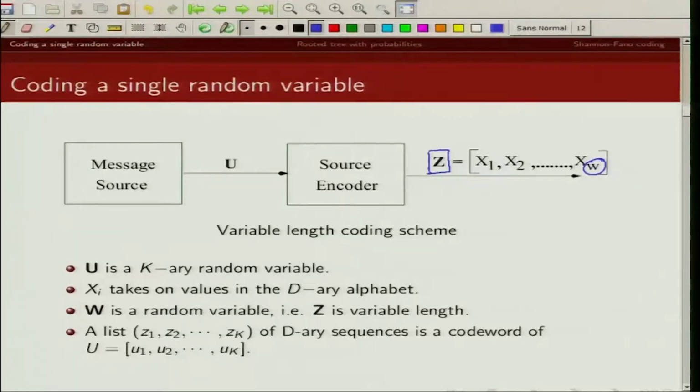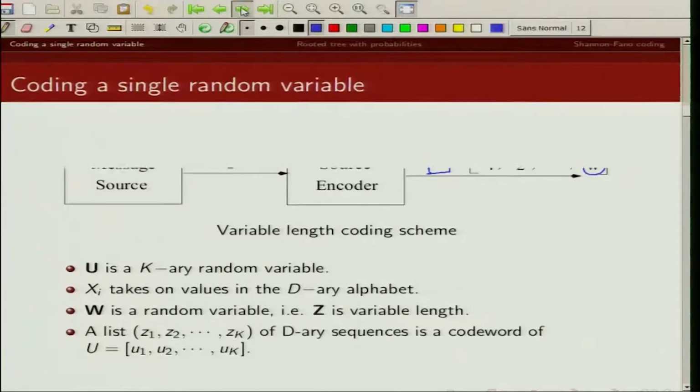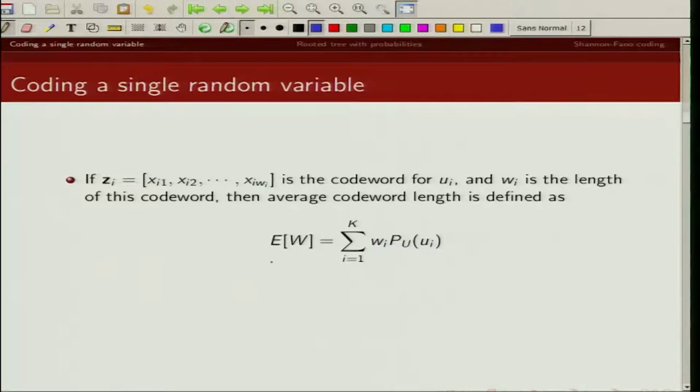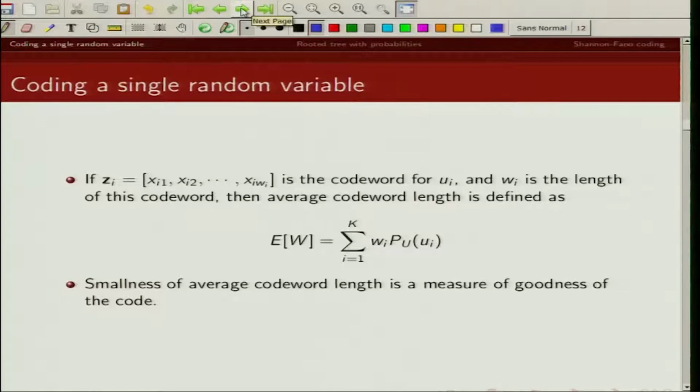The expected value of w gives us a measure of average code word length. So we have a list of code words corresponding to u1, u2, u3, up to uk, and we are interested in the average code word length being as small as possible. What is the smallest value of the expected value of w that we can have? That's a measure of the goodness of our source compression algorithm.